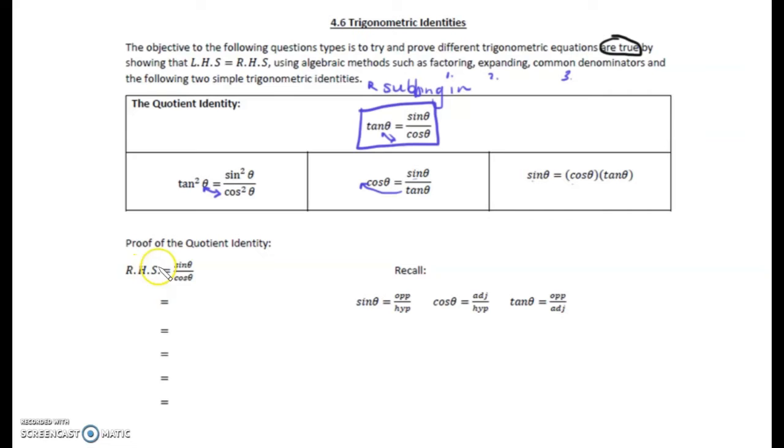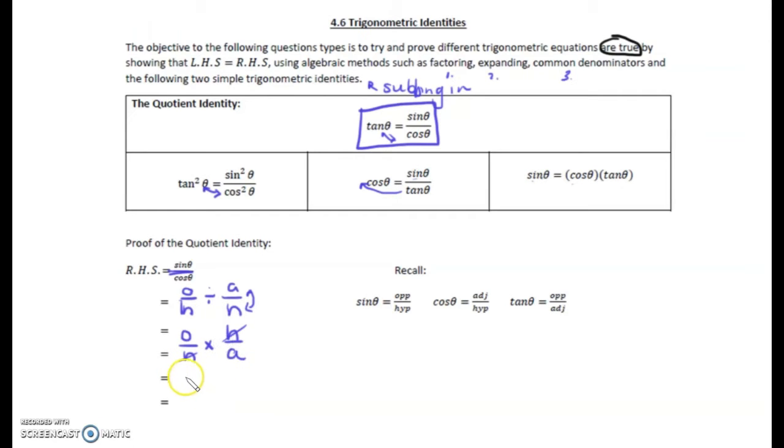Let's go ahead and prove the quotient identity. If we have sine theta over cos theta, well, we know that sine is opposite over hypotenuse, and that's divided by cos, which is adjacent over hypotenuse. So we would rewrite this as opposite over adjacent times the reciprocal, so h over a.